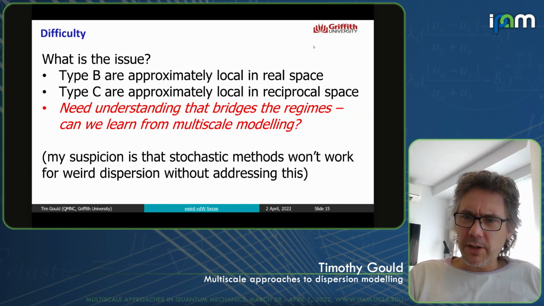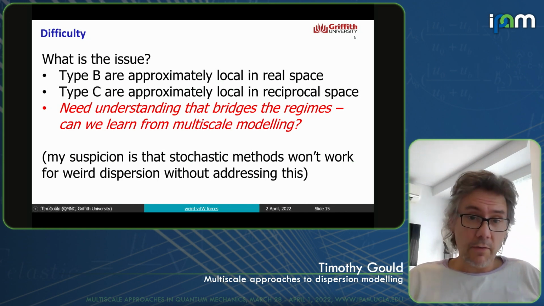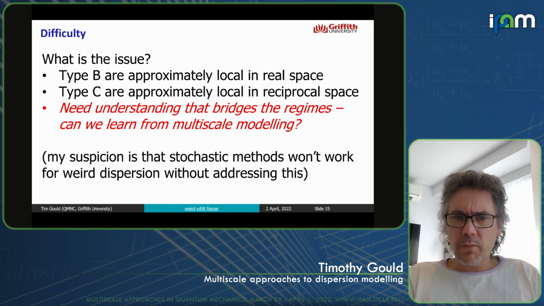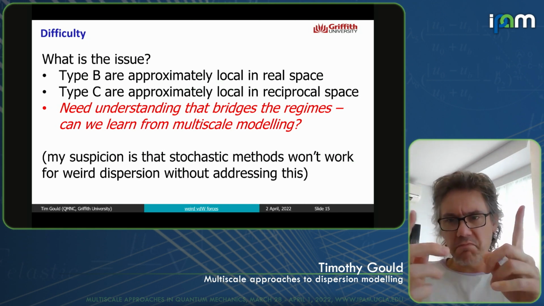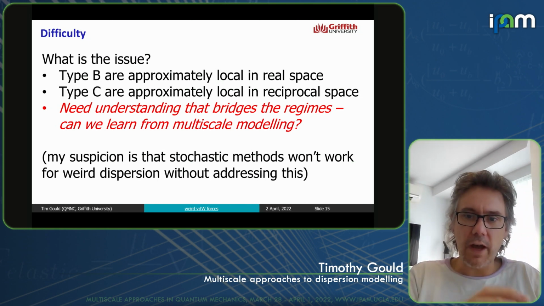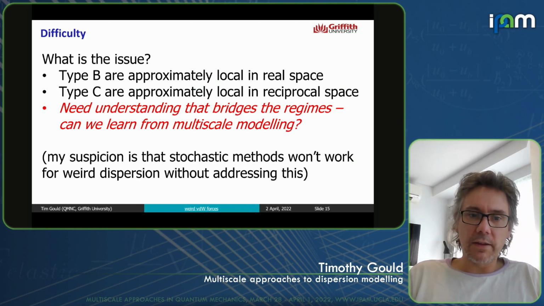And I thought I'd throw this question out here today, just because we do have a bunch of mathematicians who specifically work in multiscale modeling. And I think if there's ever an audience that might know the solution to this sort of problem, it's this audience. So when we look at type B, we have a bunch of point dipoles, basically, or smeared point dipoles, however you want to define them, which are localized in real space.